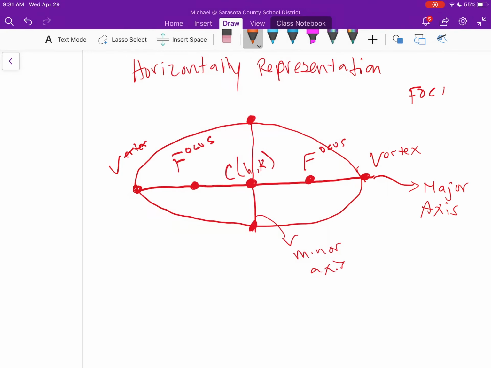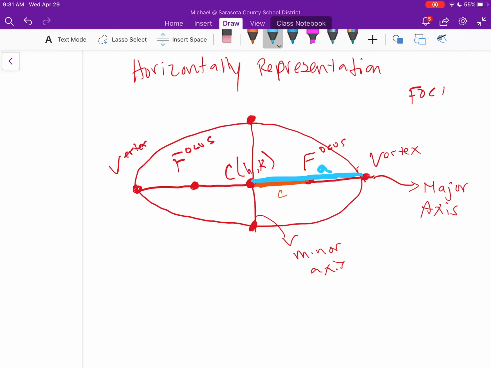Some other important information about the anatomy of an ellipse: there are some important distances. There is an important distance from the center to either of the focus, and that is denoted with a lowercase c. And there is an extremely important distance from the center to the vertex that is denoted with a lowercase a.